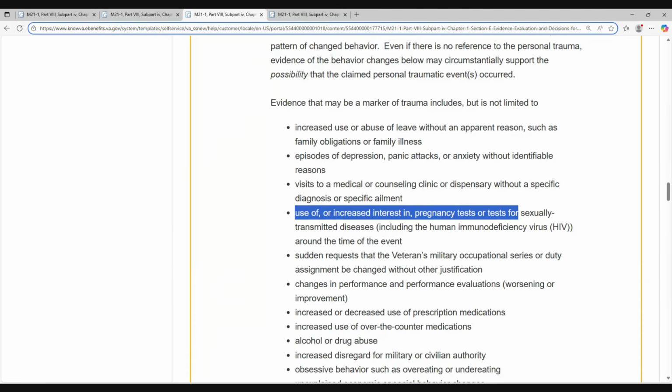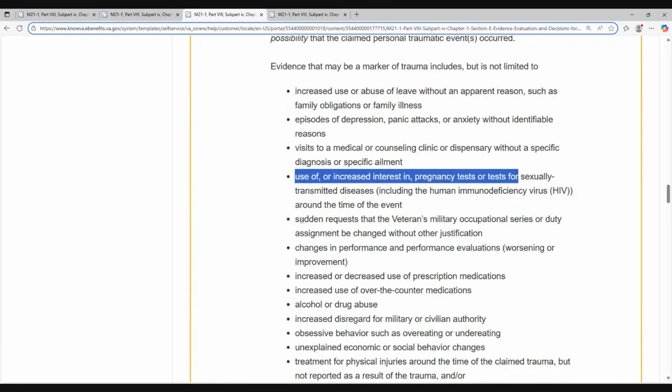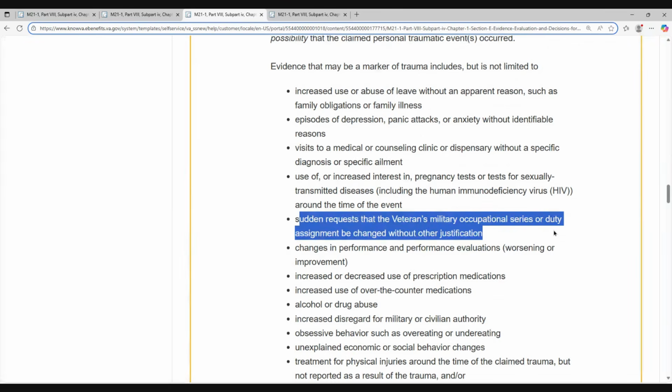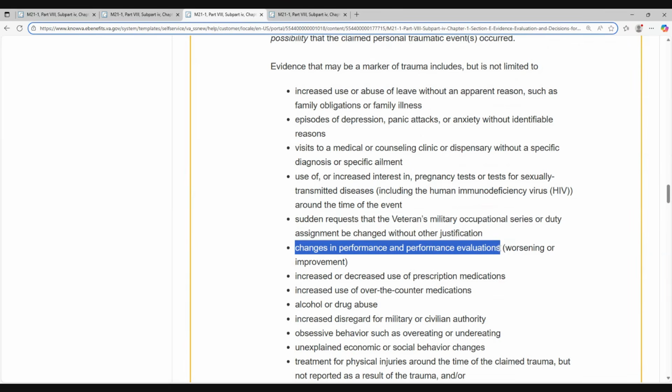This is going to be up to a specially trained rater who is going to be looking for changes in your behavior, such as sudden requests to change MOSs or duty stations. If you behave differently, that's going to come up.